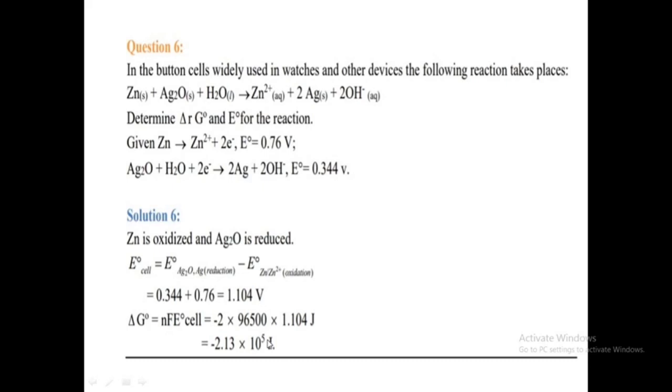So after determining we will get minus 2.13 into 10 to the power 5 joule. So in this question, at first we have determined E naught cell, that means the standard EMF of the cell, and from the standard EMF of the cell we have determined the standard Gibbs free energy change of the reaction.